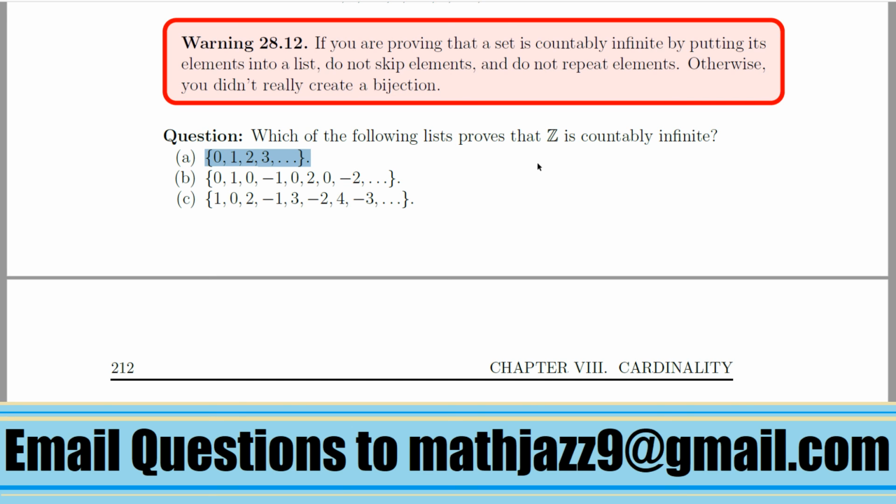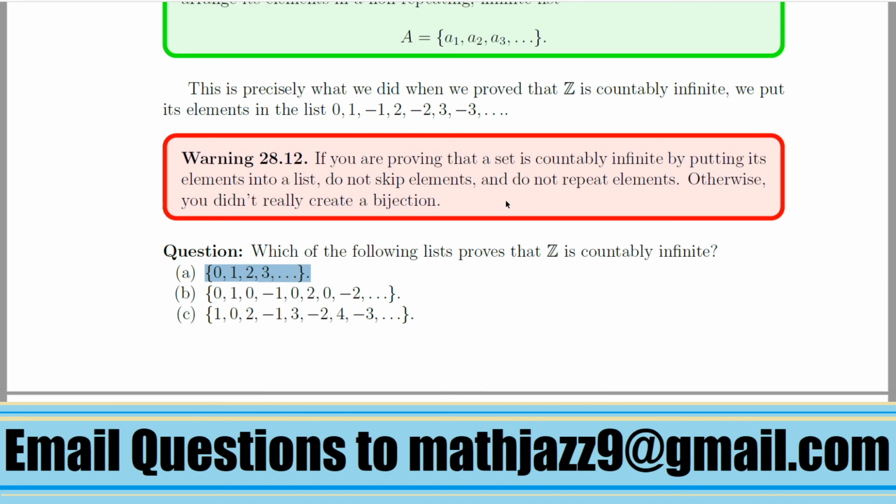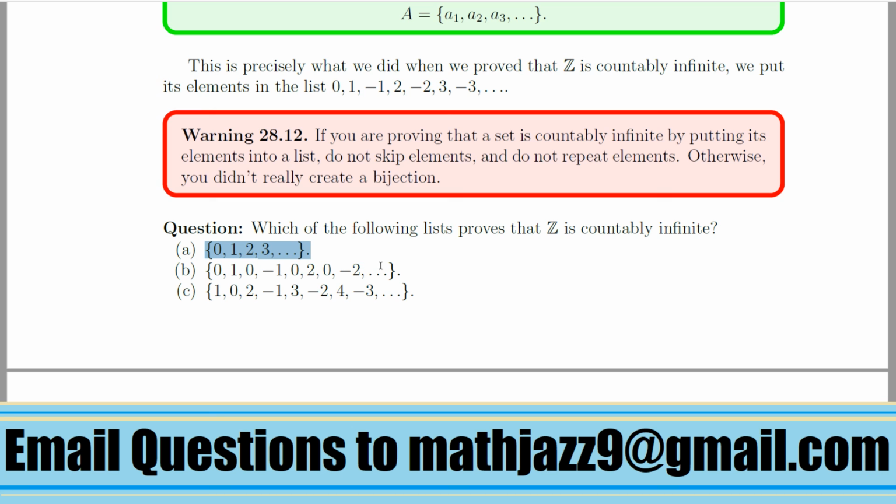So from this one point alone, A, we don't know that Z has the same cardinality as the naturals. We just know it has at least the cardinality of the naturals. But it might have a larger cardinality than the naturals. We proved in the example problem that that's not the case, that they have the same cardinality. But this list here that's highlighted doesn't show that quite.